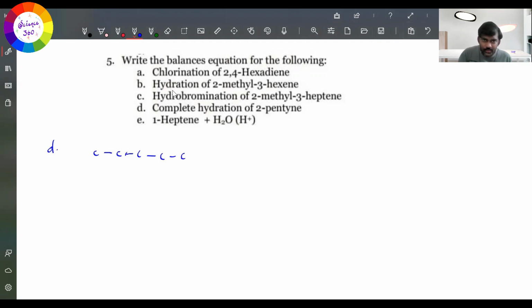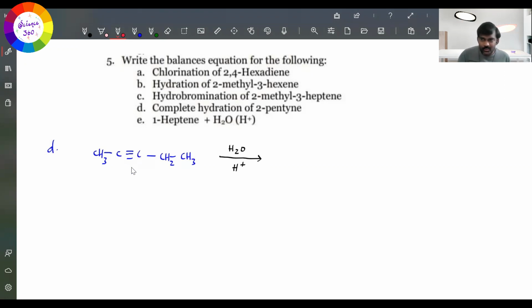So this is 2-pentyne. Complete hydration means we are going to add a water molecule. So initially H plus ion, as usual, will attack the higher electron density region.